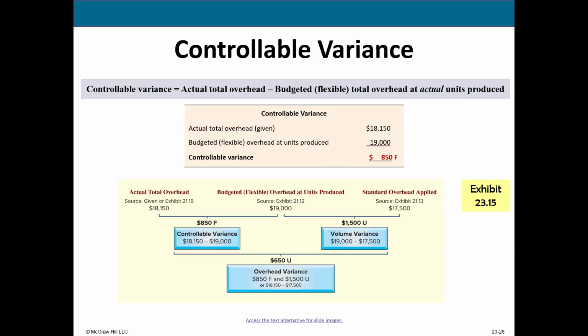Now we compute the differences, and that's how we find controllable variance and volume variance. So just like before, the actual minus the budgeted amount gives us the difference, in this case, $850 favorable.